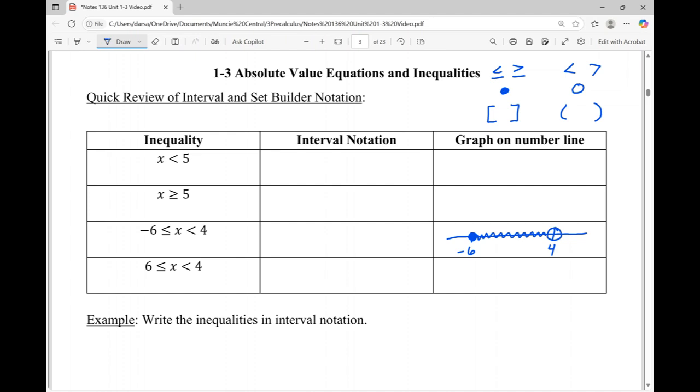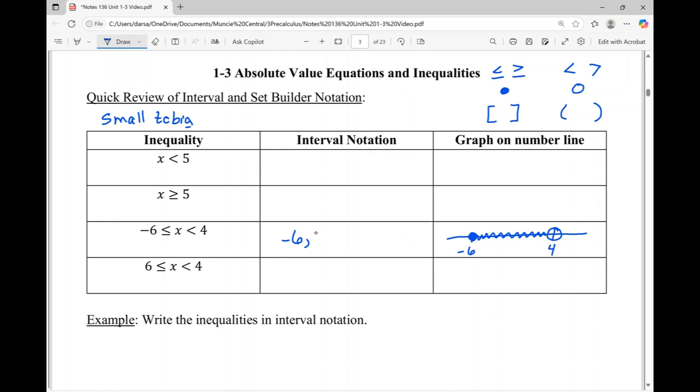The other thing that we always want to remember is you always want to go small to big, left to right, just like we see it on the number line. You always want to go smallest to biggest. So what is the smallest number in our answer on this number line? Well, it's -6. Then we're going to put a comma and we're going to tell it what's the biggest number in our answer.